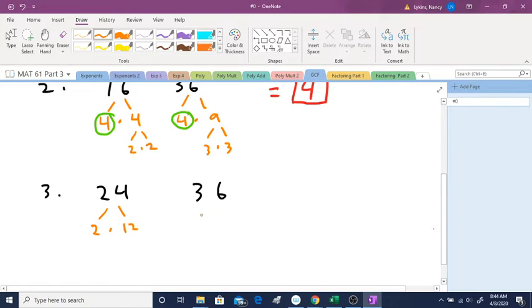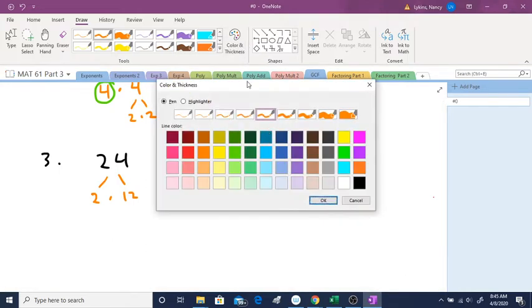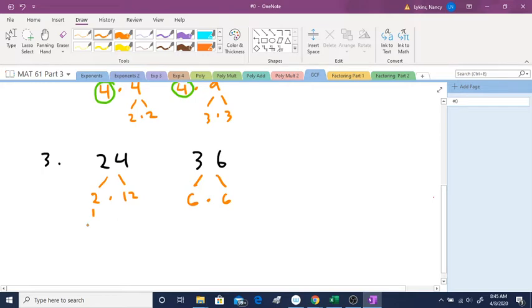And let's just say, now 12 does go into 36, but let's just say we break it down to 6 times 6. Okay, the 2 cannot be broken down. Now the 12 can be broken down to 2 times 6.